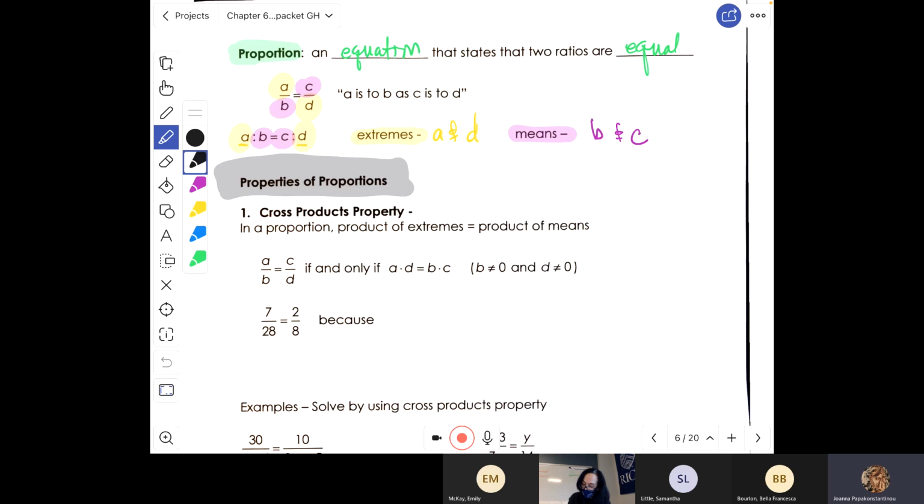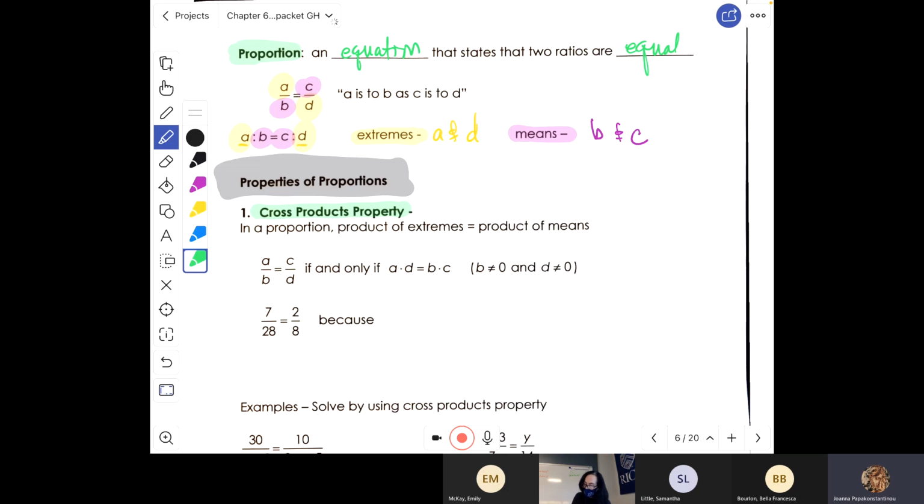So the first one is known as the cross products property. And you may have seen this. So if you have a proportion, a ratio set equal to a ratio, and you are looking for the product of extremes set equal to the product of the means, that is what's going to allow you to perhaps later down the road solve for an unknown.